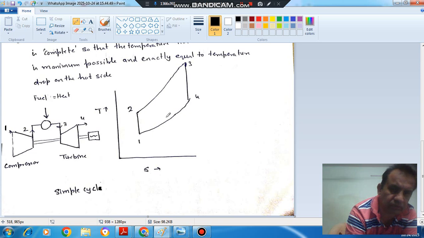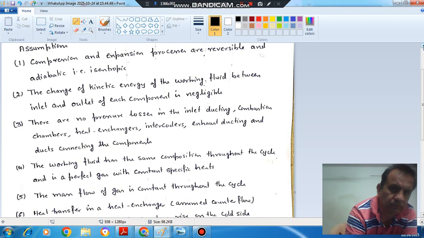So there is no change in kinetic energy within the component.